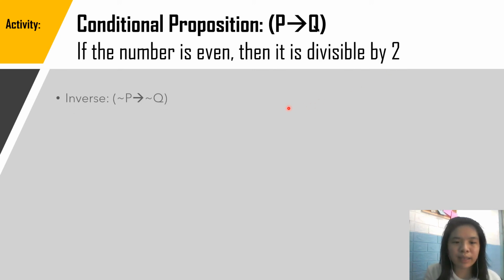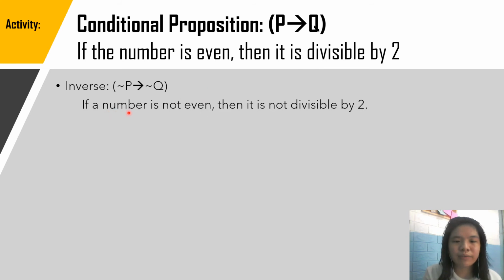Can you give me the inverse of this statement? Our inverse is: if a number is not even, then it is not divisible by 2. All we have to do is negate both the hypothesis and the conclusion. How about the converse? In the converse, all we have to do is interchange both the conclusion and the hypothesis.